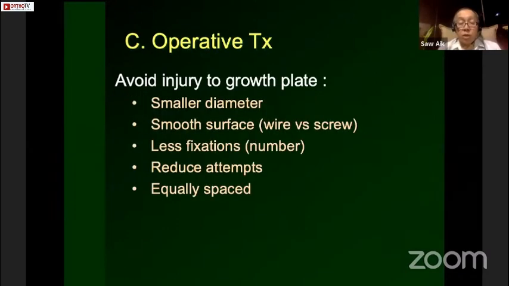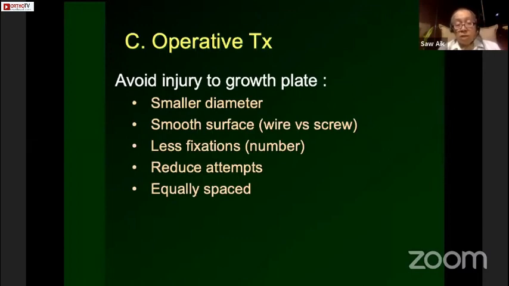Now, we are going to focus more on acute operative treatment because of limitation of time. Now, the healing and also remodeling depends a lot on the growth plate. So we should try to avoid injury to the growth plate by these few techniques. One, if you use fixation methods, it should be smaller diameter if possible, smooth surface, less number of fixations, reduce attempts.